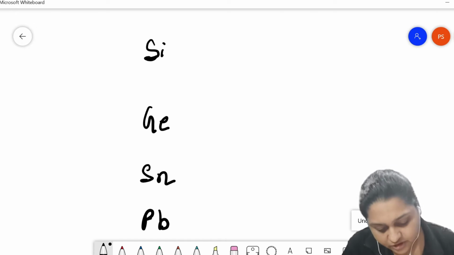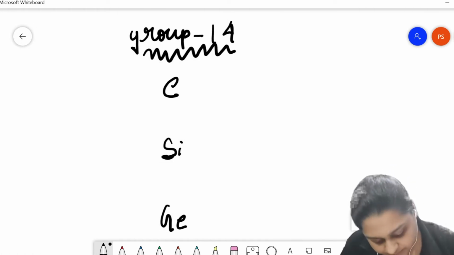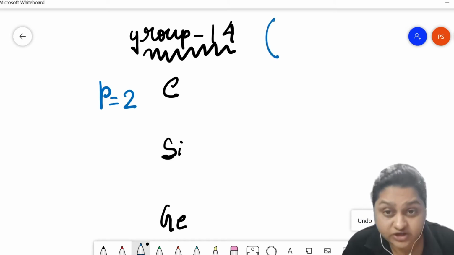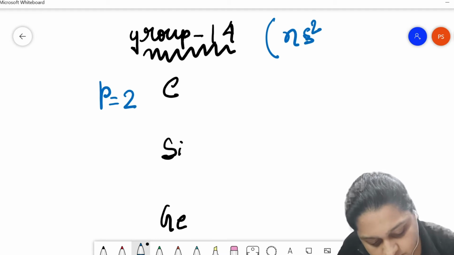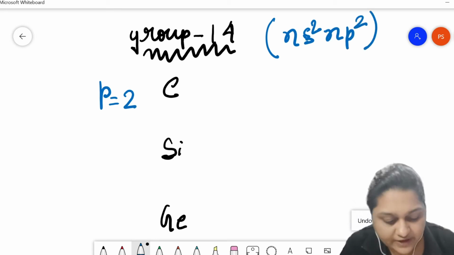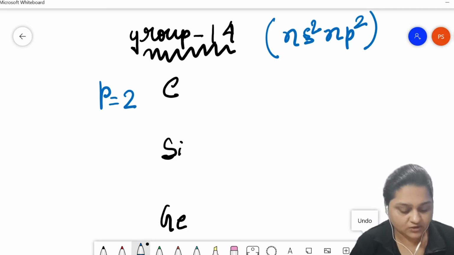Now carbon belongs to second period, and the general electronic configuration of group 14 is ns2 np2, a total of 4 valence electrons, that's why it belongs to group 14.